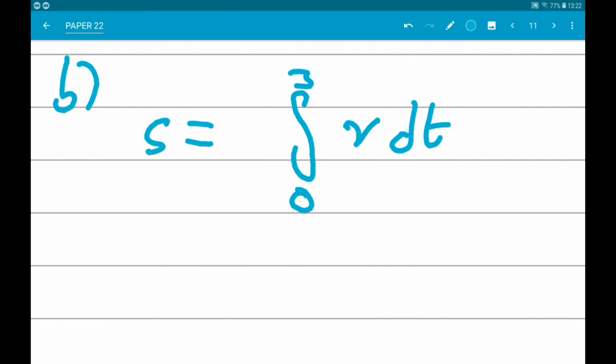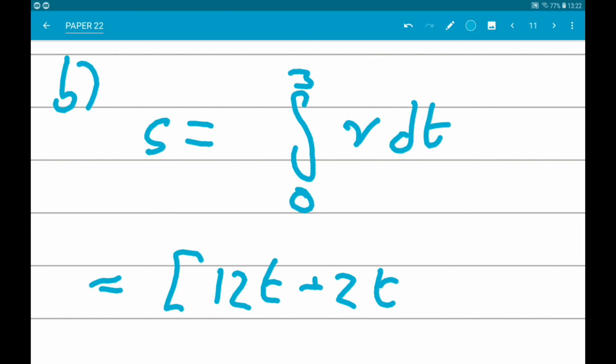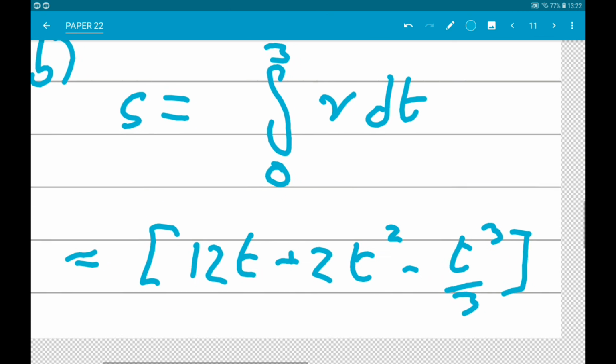So that's going to give us 12t add 2t squared minus t cubed over 3, between 0 and 3.